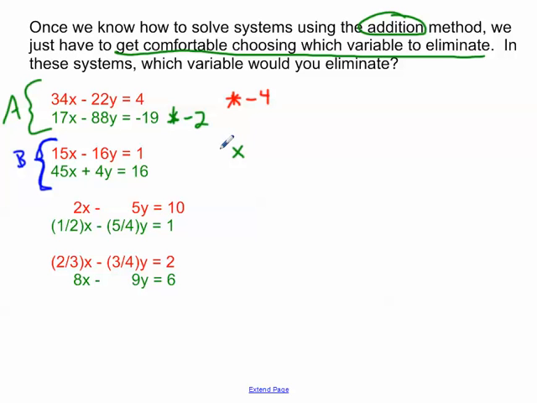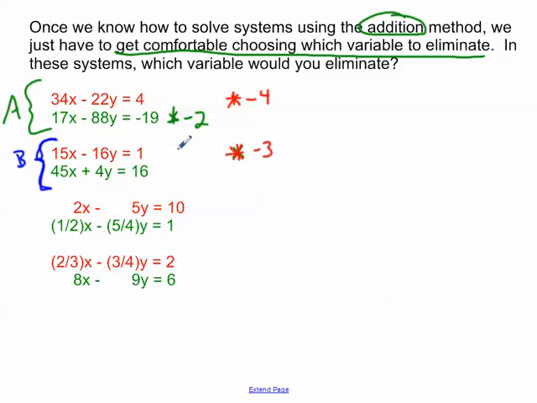Multiply the red by negative 3. Why? Because 15 times negative 3 is negative 45, and when you multiply all the terms and get a new red equation, the green equation would stay the same, and the negative 45x would cancel with the positive 45x.